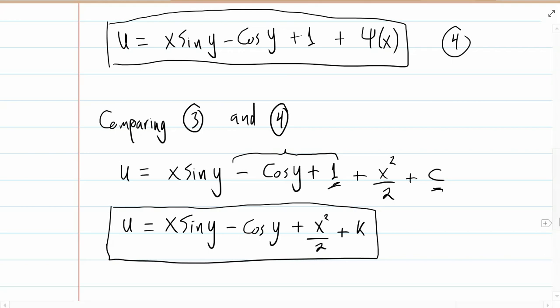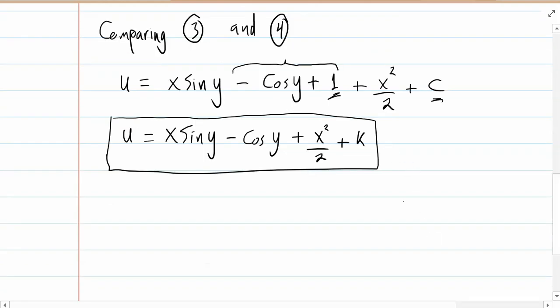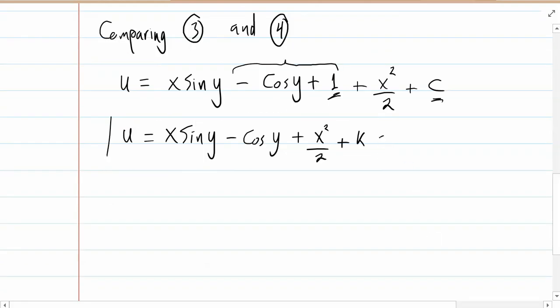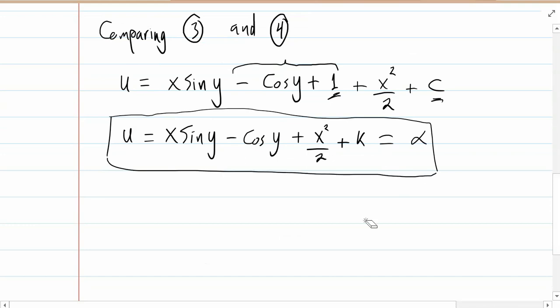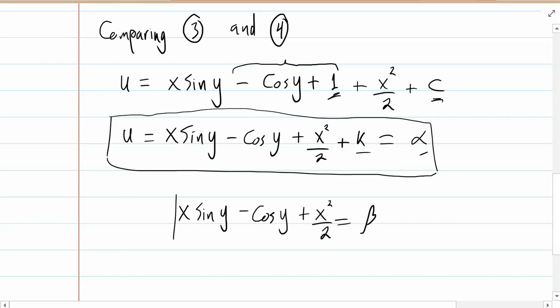Now, since we have that du is equal to 0, then that means that u is equal to a constant. I call that alpha. Again we could combine those two constants, and I can say that x sine y minus cosine y plus x squared over 2 is equal to some constant beta.